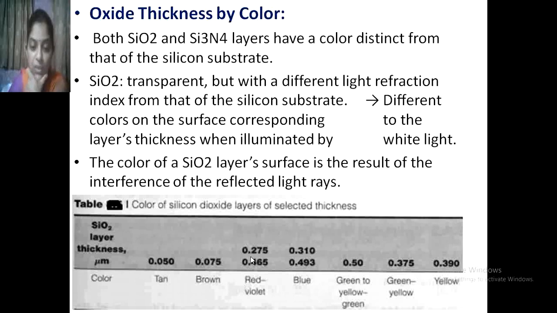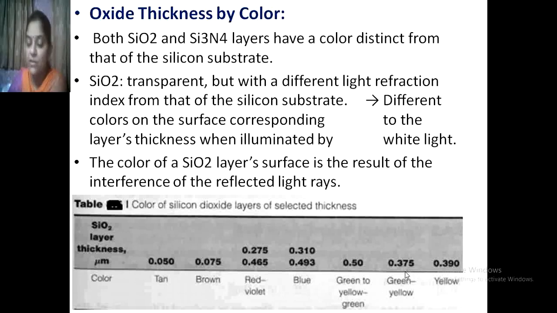Then red, and at 0.460 the color varies between red and violet. From 0.310 to 0.493 it is blue, and at 0.50 it goes from green to yellow-green.